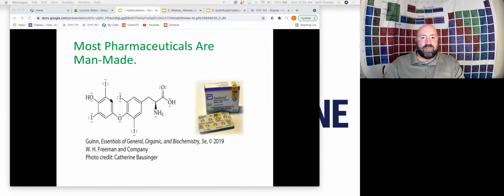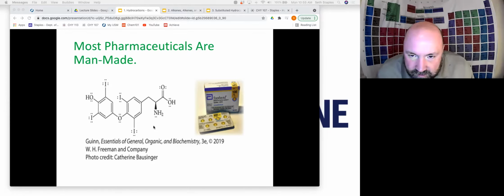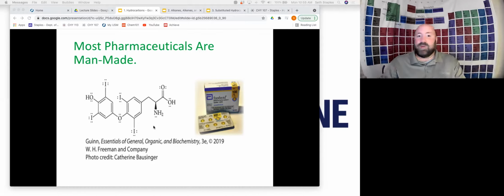And we'll talk about some of this notation, but these are just carbon atoms at all these vertexes. This compound here is Synthroid, and honestly, I'm not sure what that is, but some sort of pharmaceutical. And this would be the active ingredient in there. And so it's helpful to know some of the basics of organic chemistry when looking at any sort of pharmaceuticals.